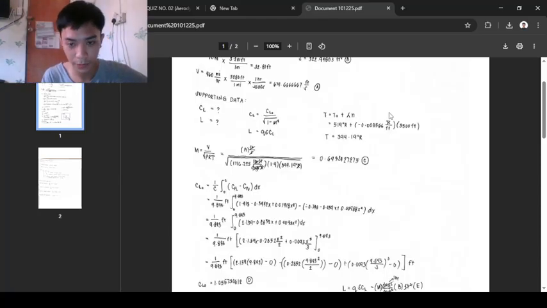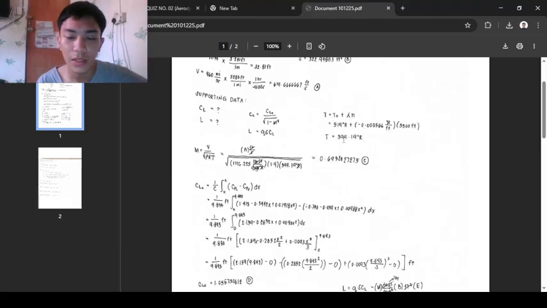Let's double check it. Negative 0.00566. So it's 35,000 feet, and we will have the ambient temperature of 394.19 degrees Rankine.